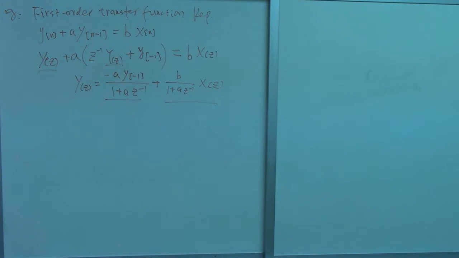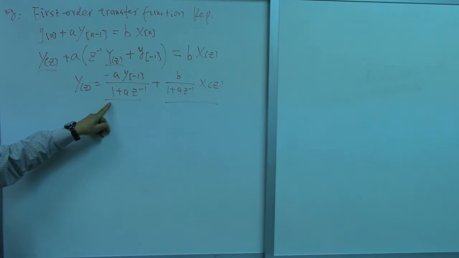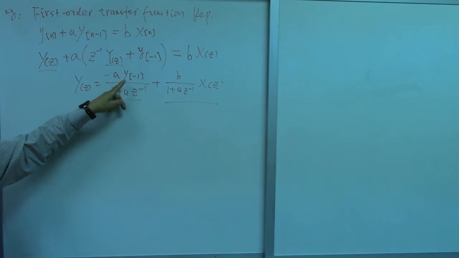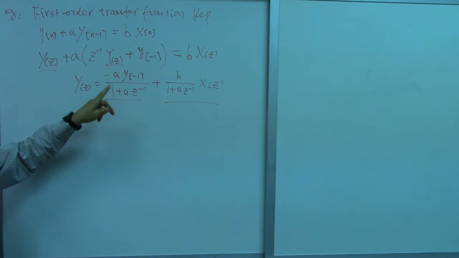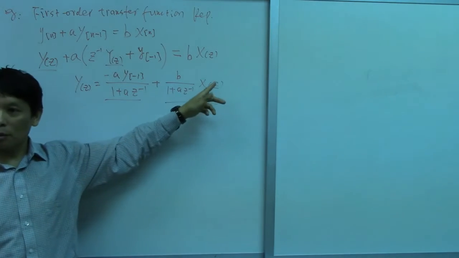Remember we mentioned before, we have a zero input response and a zero state response. Where does this term come from? It's from this initial condition. That means this term is the output when the input equals 0.